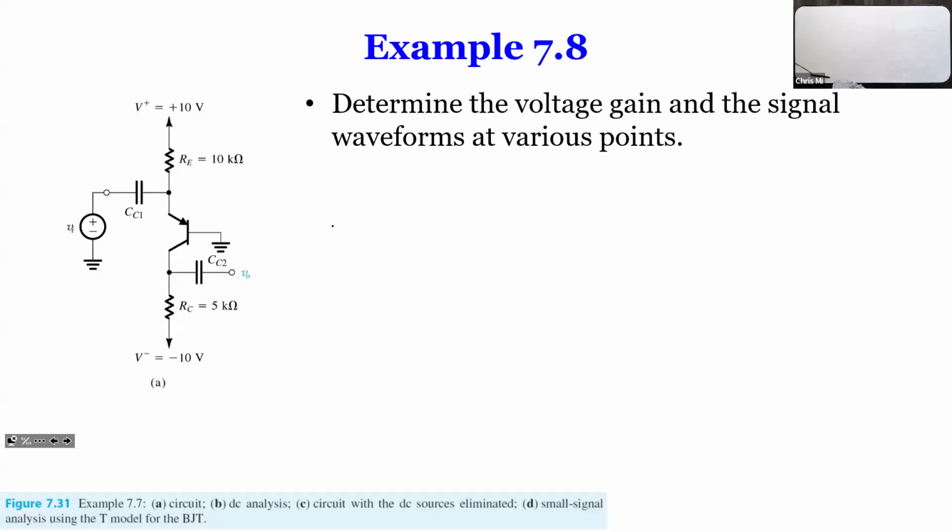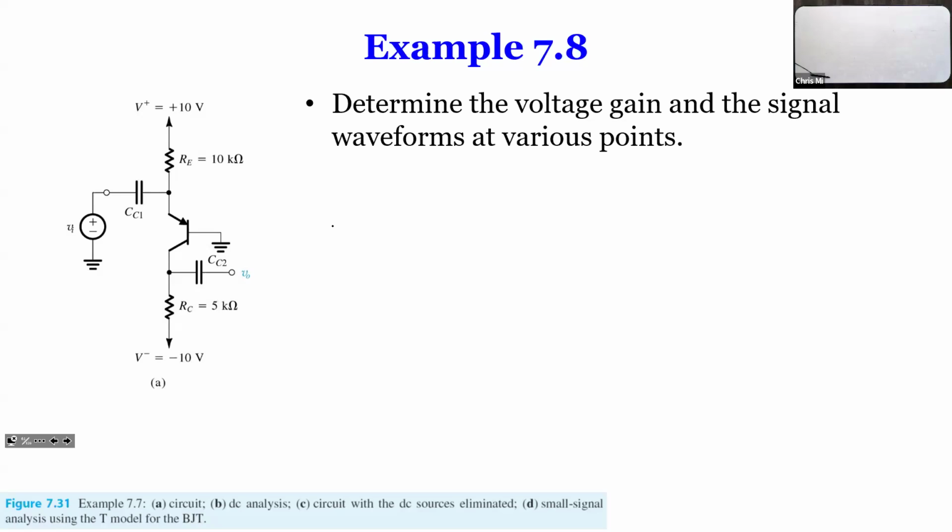So for this circuit, we get a couple of things to start. First of all, there are two capacitors, and we're going to short them for AC. But for DC, of course, we open them.